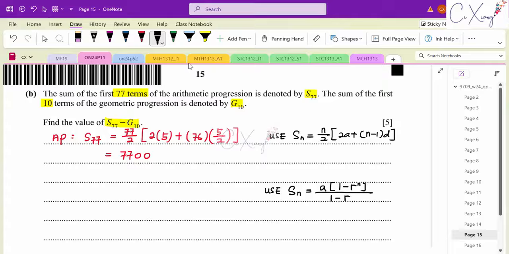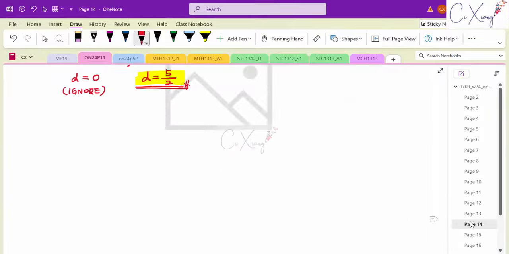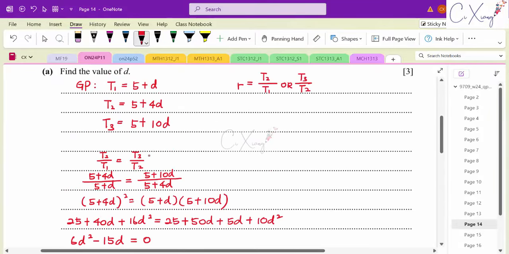So for this particular geometric progression, I need to figure out first what is the first term and also what is the common ratio. For the geometric progression, what is the first term? The first term is basically equal to the second term just now of the arithmetic progression.